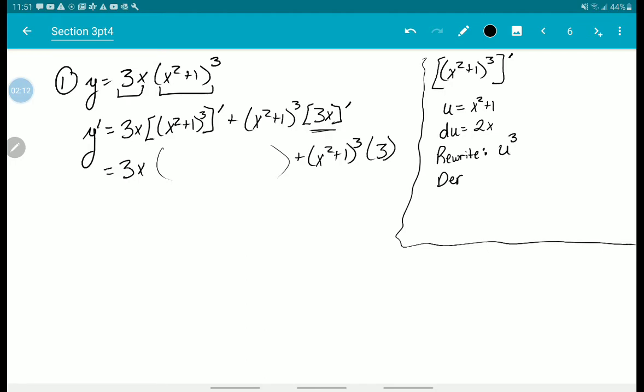And then if we take the derivative of that, we have 3u squared times du. And then substitute. u was x squared plus 1. du was 2x. Clean it up. 6x times (x squared plus 1) squared. So that's what's going in here.